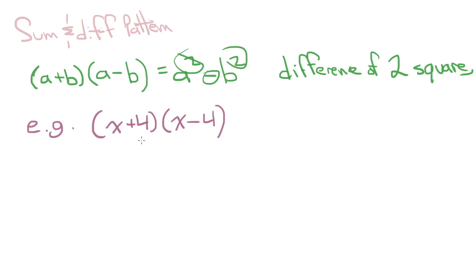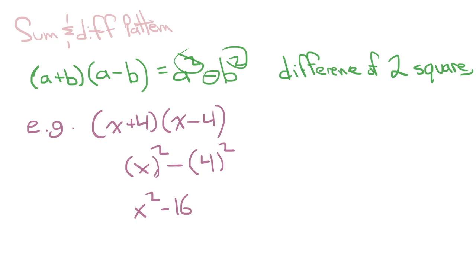So this one, you square the first term. So I would square the first. I'm going to square that. And I'm going to subtract the square of the second. Does that make sense? So it ends up being x squared minus 16. Like that. That's pretty neat, isn't it? Yes. It is, it is.